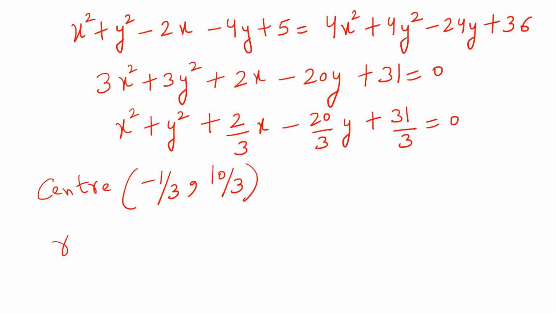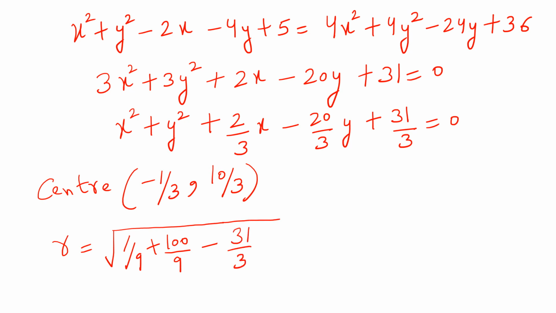and radius of this circle is square root of 1 upon 9 plus 100 upon 9 minus 31 upon 3, and this further becomes equal to square root of, in the denominator we have 9 and in the numerator it is 101 minus 93.